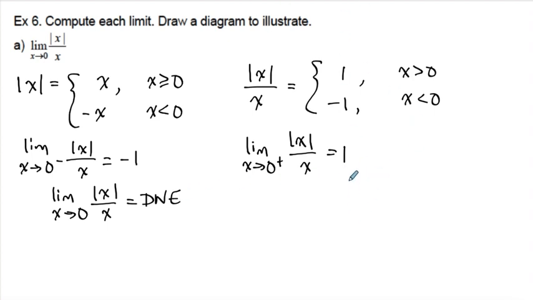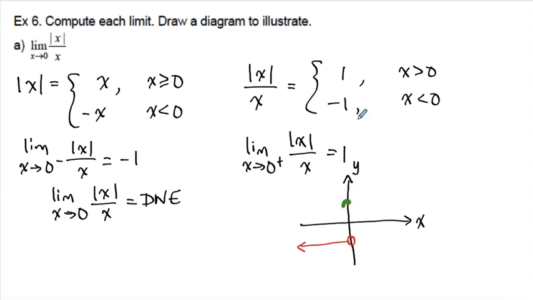And so what is this graph going to look like? Well, if I draw a quick sketch here of my Cartesian plane, my x and my y, when x is less than 0, it approaches negative 1. So I'm going to have an open hole at negative 1 and then a straight line going towards the left. And for the values that are greater than 0, it's going to be at positive 1.